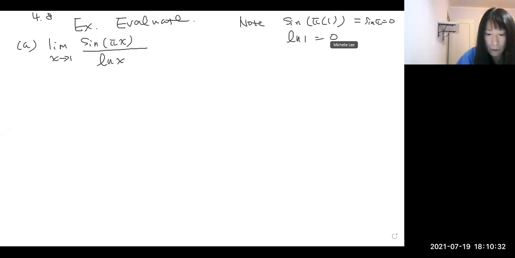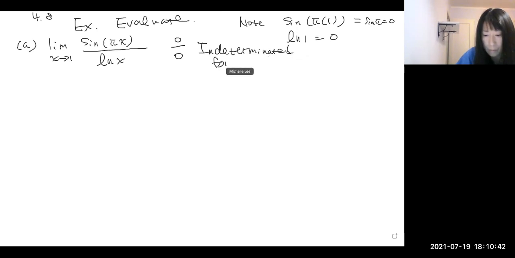So this is 0 over 0, which is indeterminate form, right? Okay. Then it's a fraction, so that we can apply the L'Hopital rule, right?